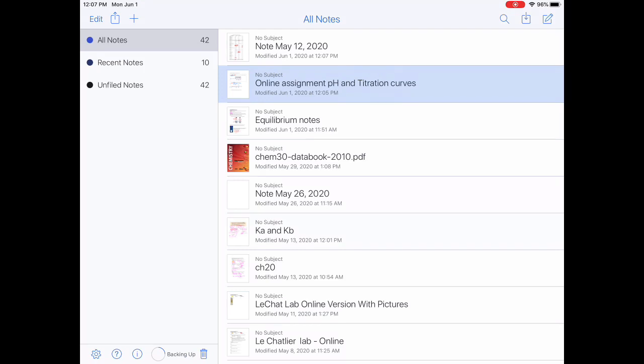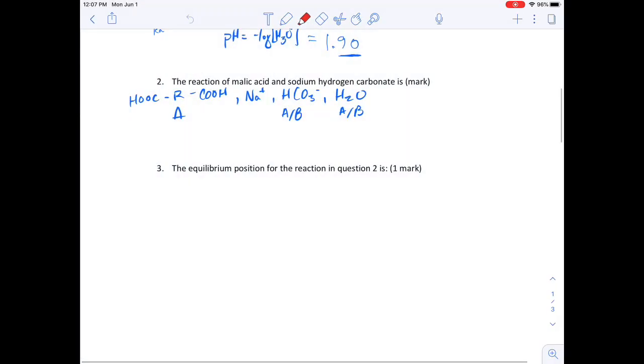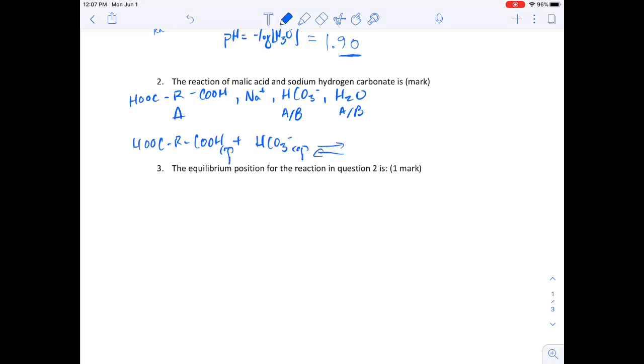So we have HOOC-R-COOH plus HCO3 negative, because we're going to take the hydrogen carbonate in its basic form. It's got the negative charge. And one of the hydrogens is donated from our acid, so we're going to have OOC-R-COOH, and this has a negative charge, and H2CO3.